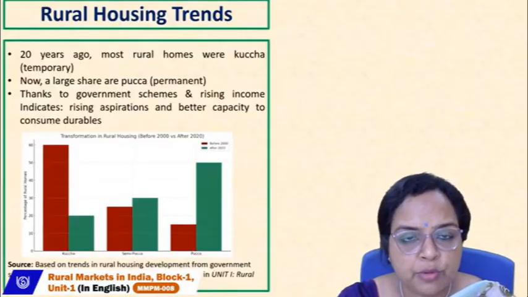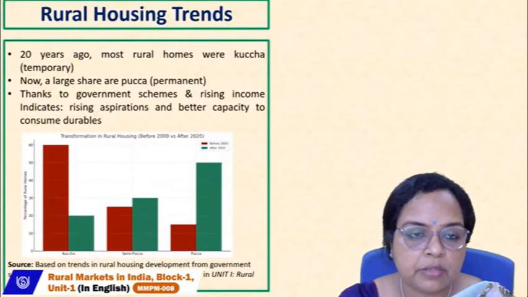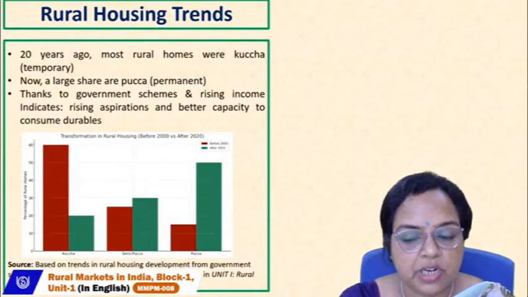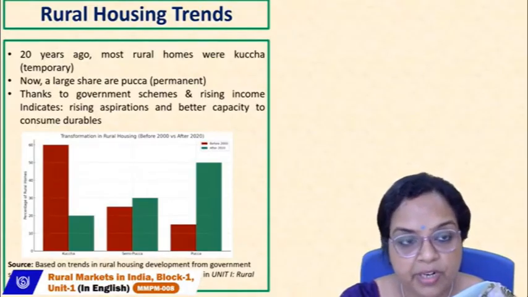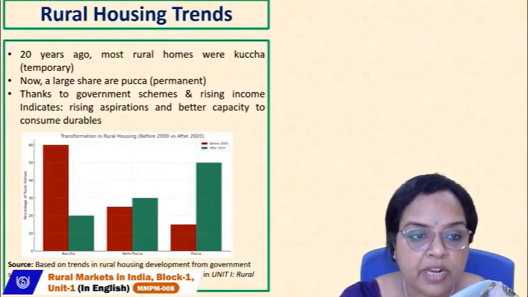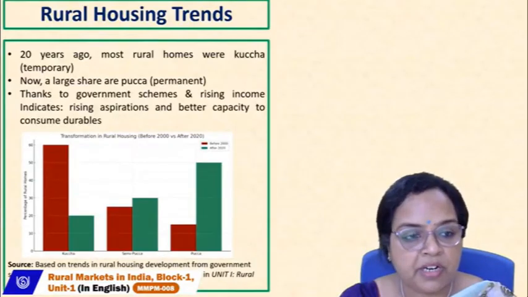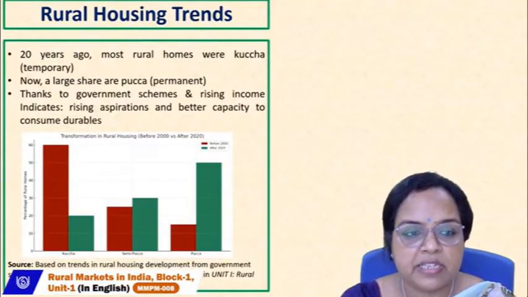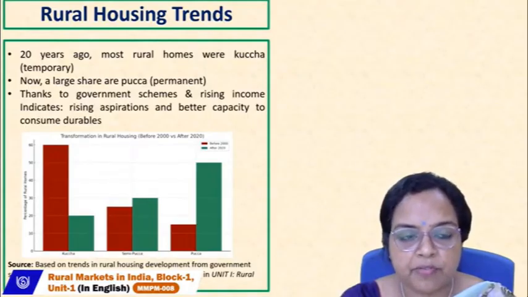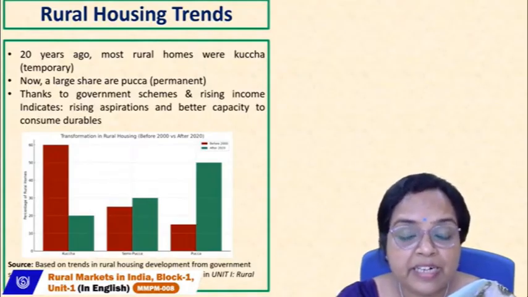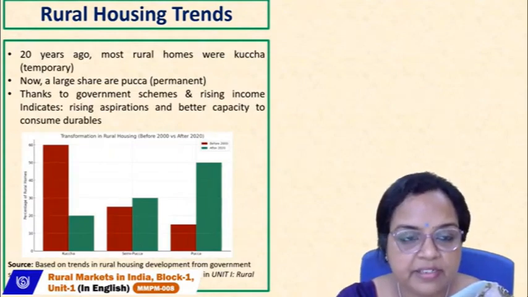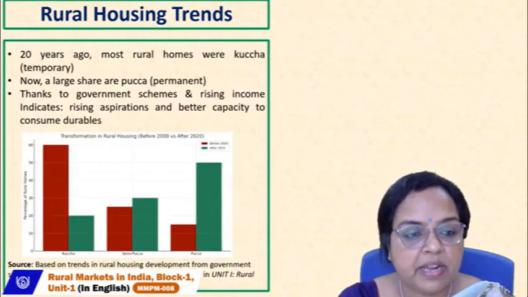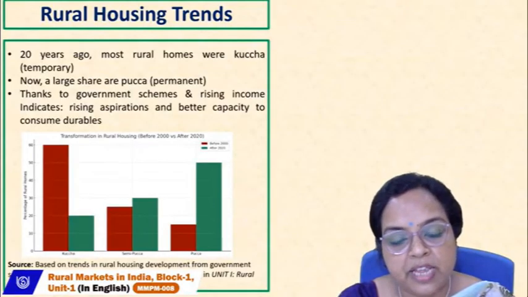When it comes to rural housing trends, 20 years back, most rural homes were kacha or temporary. Now a large share are pakka or permanent houses, because of many factors: government schemes and the rising income of consumers. What does it indicate to marketers? It indicates rising aspiration and better capacity to buy consumer durables.